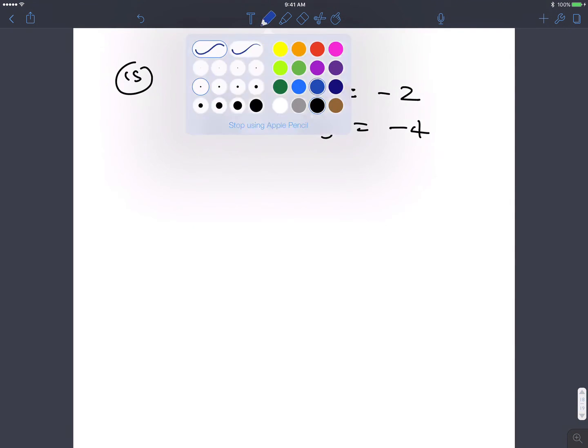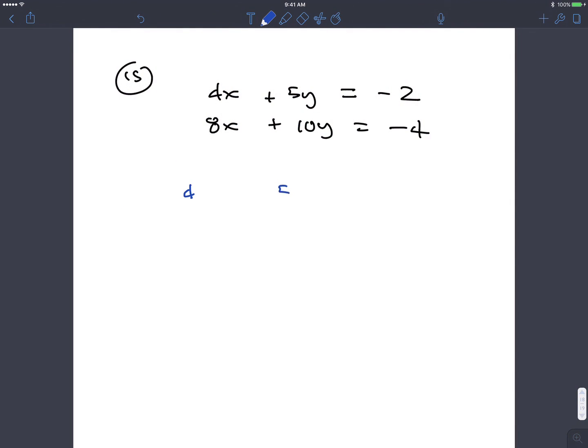Let's create our matrix. 4, 5, negative 2, 8, 10, negative 4.